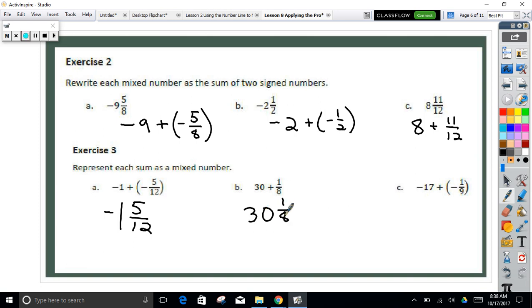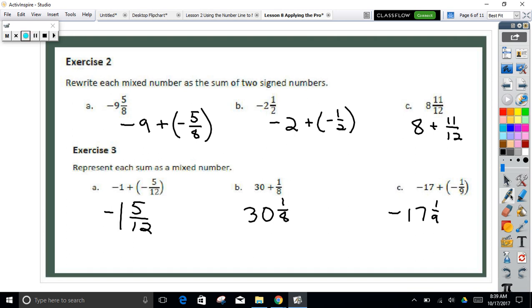Good. And letter C, Jimmy. 17 and 1/9. Oh, there's something missing from what you said. Oh, negative. Negative, there we go. Negative 17 and 1/9. I'm having one of these days where all my numbers are running together. Okay, pretty easy. Everybody okay with that?